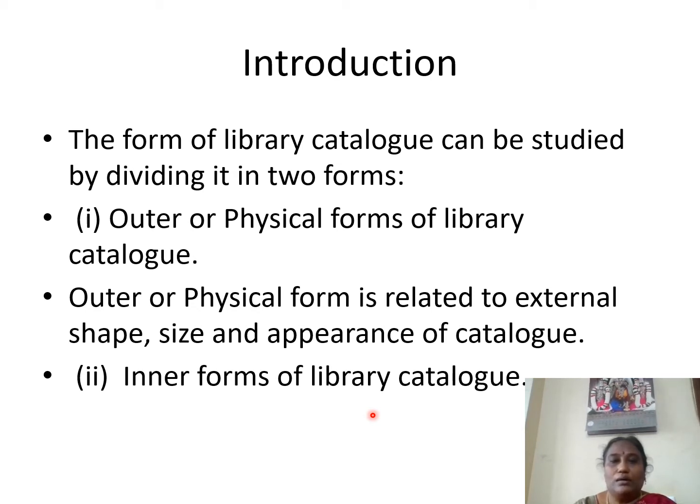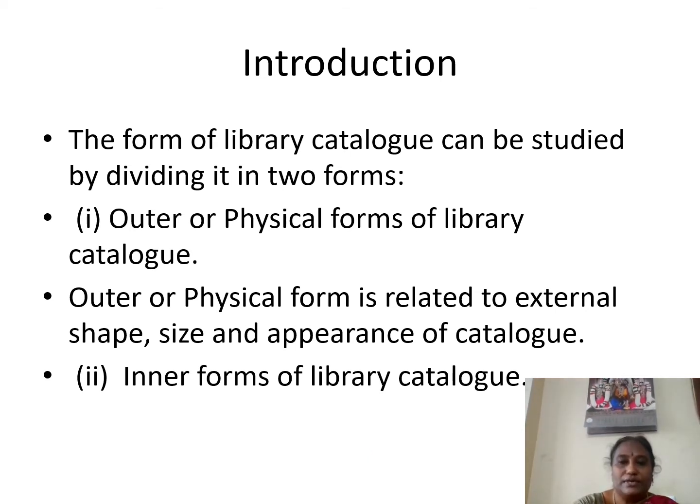So today we are discussing two forms of library catalog: one is outer, also known as physical form, and the second is inner form. The outer form relates to the external shape, size and appearance of the catalog, whereas the inner form relates to the construction and the arrangement of the library catalog.